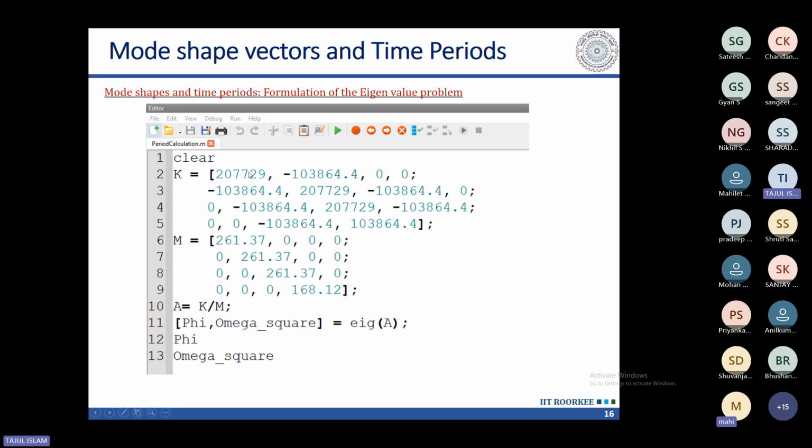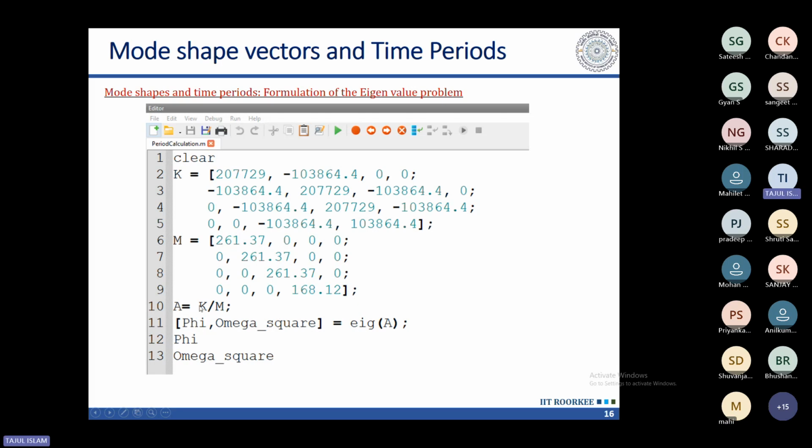Here in MATLAB, what I did is I have written my stiffness matrix. This is the first row of your stiffness matrix, this is the second row, third row, fourth row. Similarly, you have the first row of the mass matrix, second row, third row, fourth row, like that.